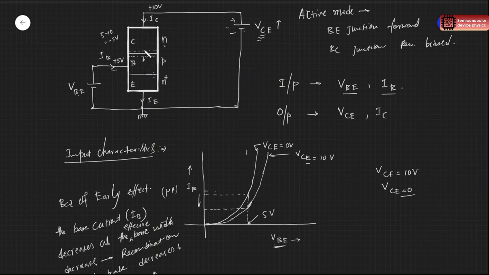Then the base collector junction will become reverse, sir. Like if VC is 0 and let VB is 5 volt, then the base collector junction will be reverse biased. 5 minus 0, so a total of 5 volt is applied across the base collector junction, sir.